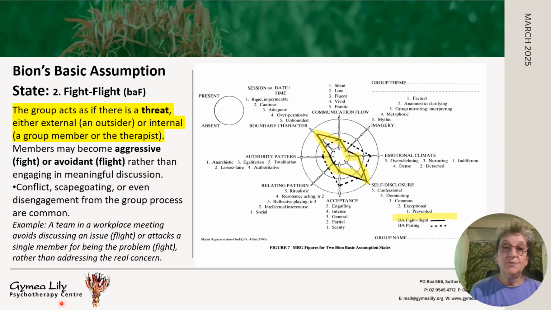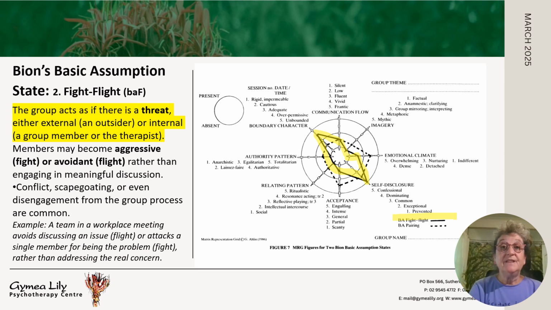So here the group acts as if there's a threat, either external, an outsider, or internal, a group member or the therapist. And the members might become aggressive, fight, or avoidant, flight, rather than engaging in meaningful discussion. So here you get conflict, scapegoating, or even disengagement from the group process.